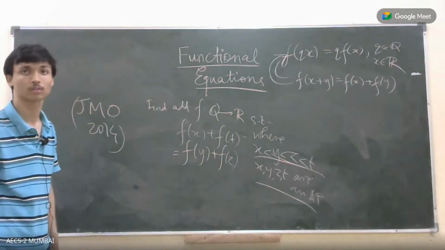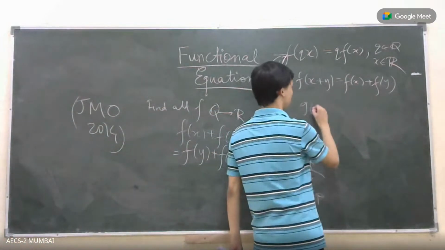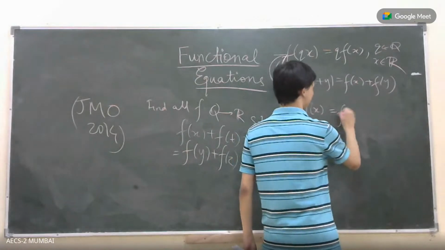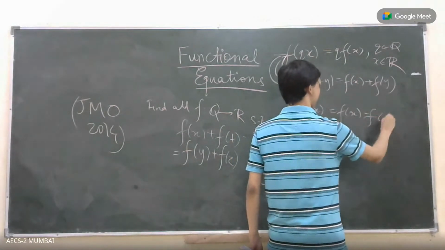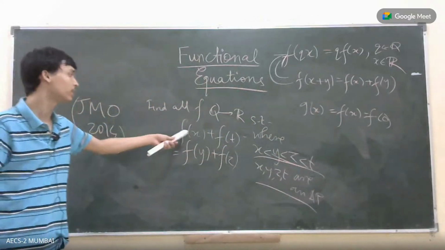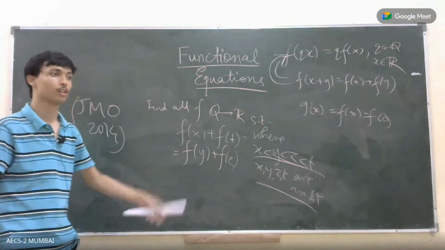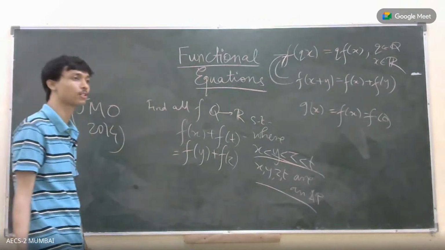What should you do? Shifting, right? So now g0 equal to 0, and g also satisfies this, right? So without loss of generality, what can we assume?